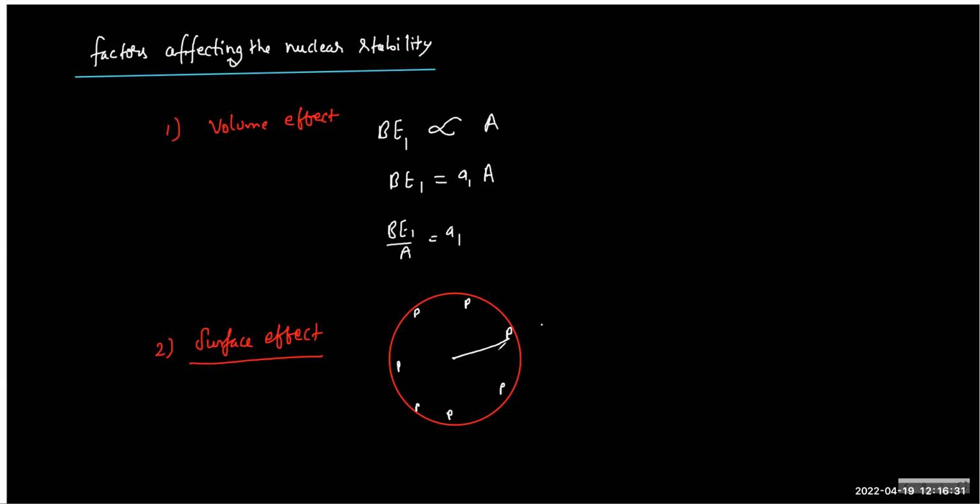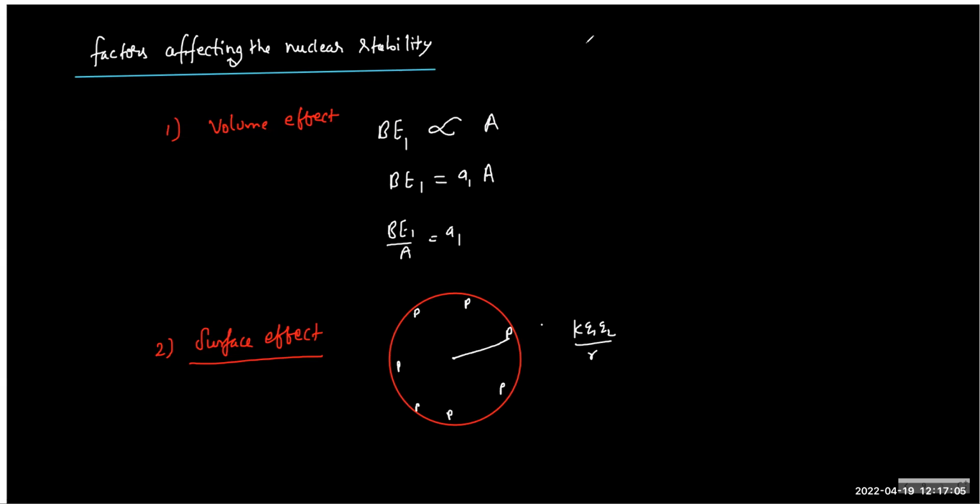Like we know that if the size grows, then you may exceed the nuclear dimension, and so the Coulombic repulsion may come into the picture. So the surface effect will decrease the binding energy instead of increasing it. Coulombic repulsion will have the mutual potential energy given by the formula K Q1 Q2 by R, if you remember electrostatics.